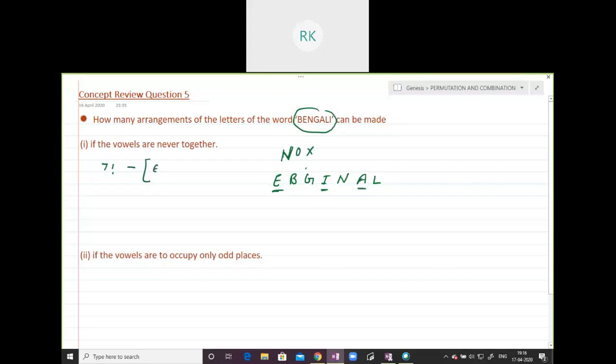What vowels are given? E, A, I. Vowels are together. So I am subtracting that. Dhanush, right answer. What remains? B, N, G, L. So I will keep the consonants in separate boxes.